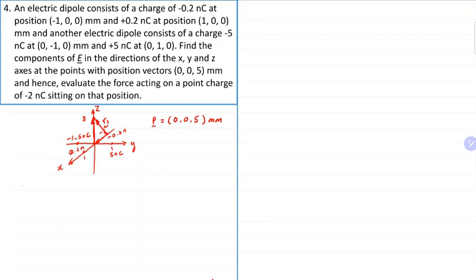Q1 is a charge of -0.2 nanocoulombs, and the position vector of that, I call R_Q1, which is (-1, 0, 0).